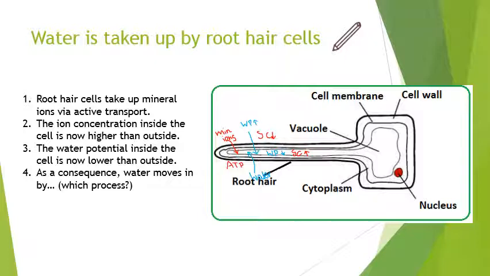What is that process called by which water moves in? Hopefully everybody knows this by now. Yeah, it's not active transport, it's not diffusion, it's that last one, it's osmosis. Osmosis, which is the movement of water from an area of higher water potential to an area of lower water potential.